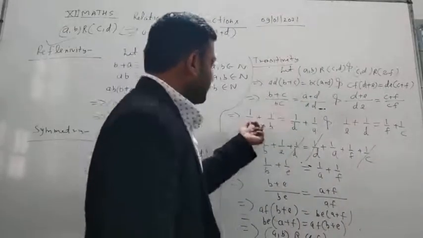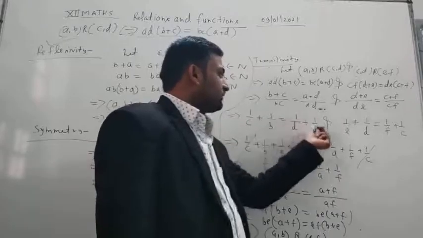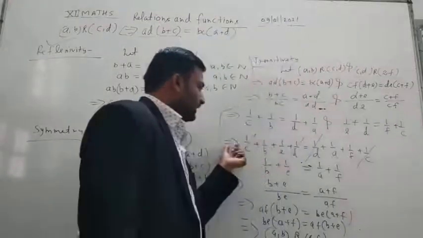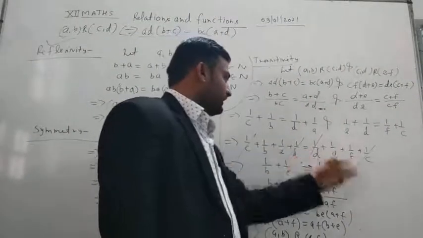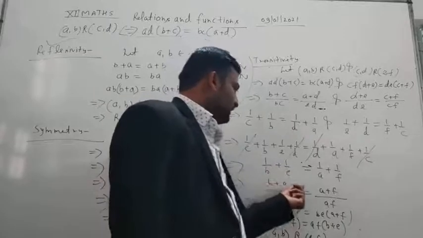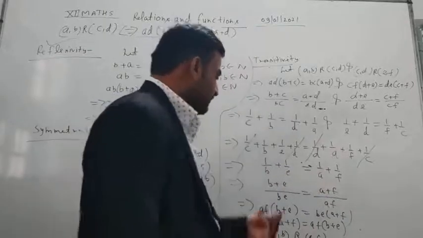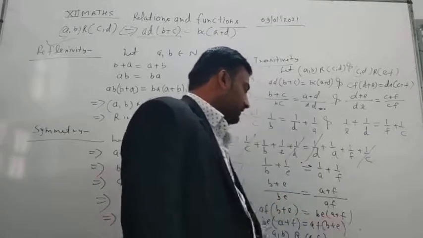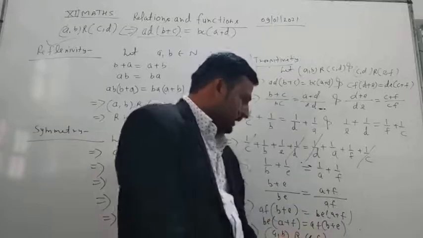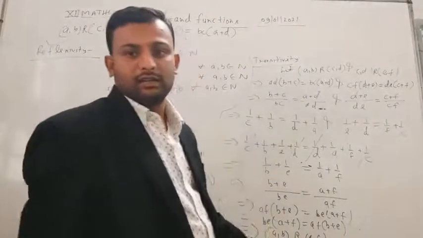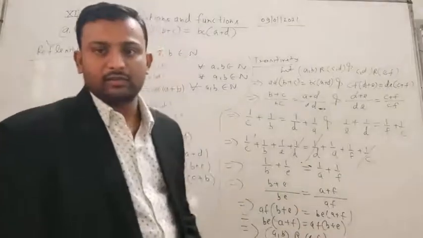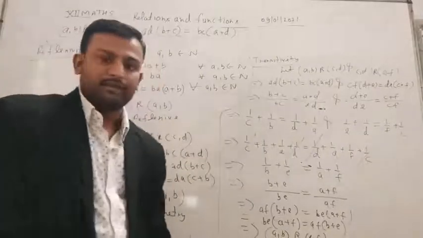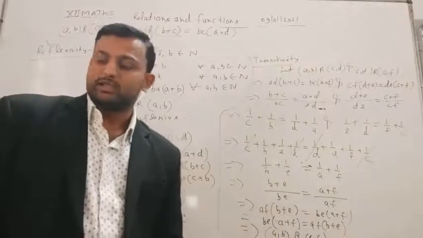Now separating these, we get 1 by C plus 1 by B equals 1 by D plus 1 by A, and 1 by E plus 1 by D equals 1 by F plus 1 by C. And C and C cancel, D and D cancel. So 1 by B plus 1 by E is equal to 1 by A plus 1 by F. Now solving these, we get AB related to EF. So R is transitive. So R is reflexive, symmetric, and transitive. So we can say that R is an equivalence relation. Okay. I hope you understand, students.